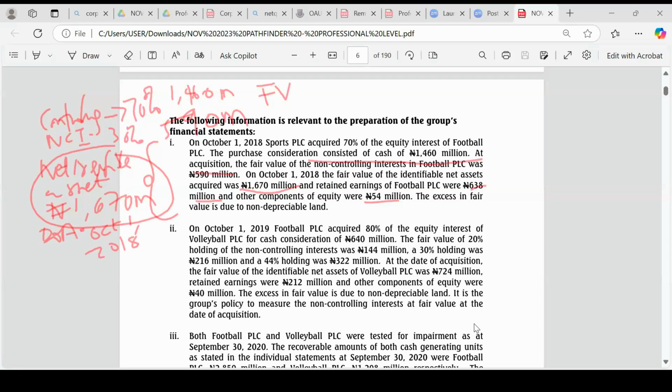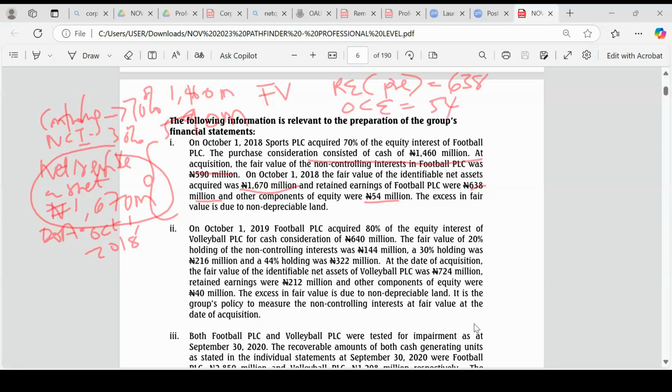However, I may want to ask myself, if you have already told me the total net identifiable assets is 1.67 billion, and you've already told me what the retained earnings is, and what the other component of equity is, I can say retained earnings pre-acquisition is 638 million, and other component of equity is equal to 54 million.